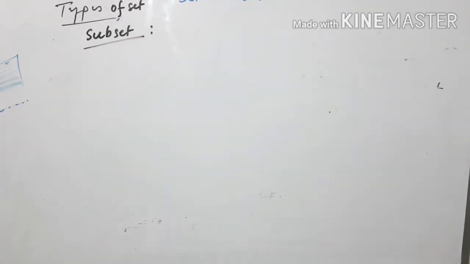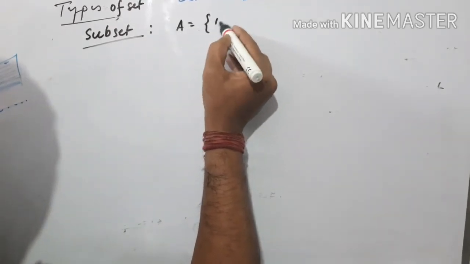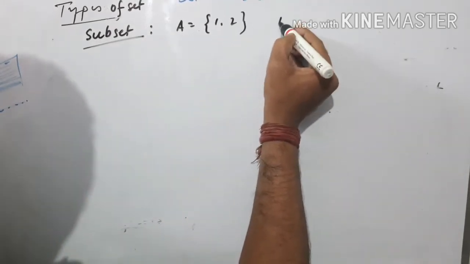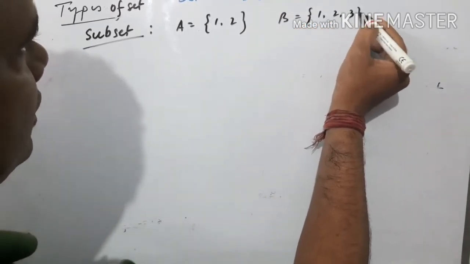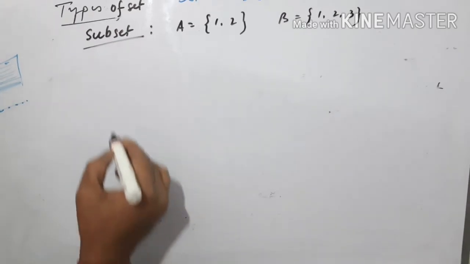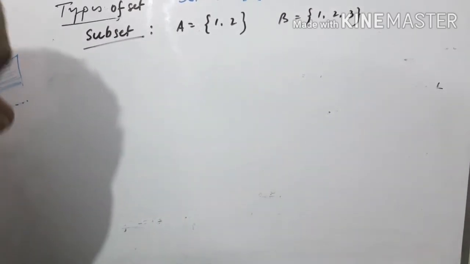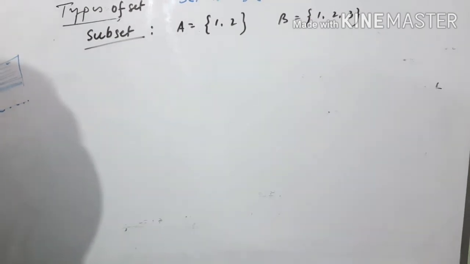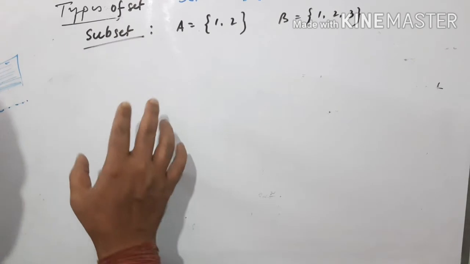Now let's see what is a subset. If you take A equals 1, 2 and B equals 1, 2, 3, then you can say that every element of set A is an element of set B. So we say that A is a subset of B. So here we discuss the definition of subset.